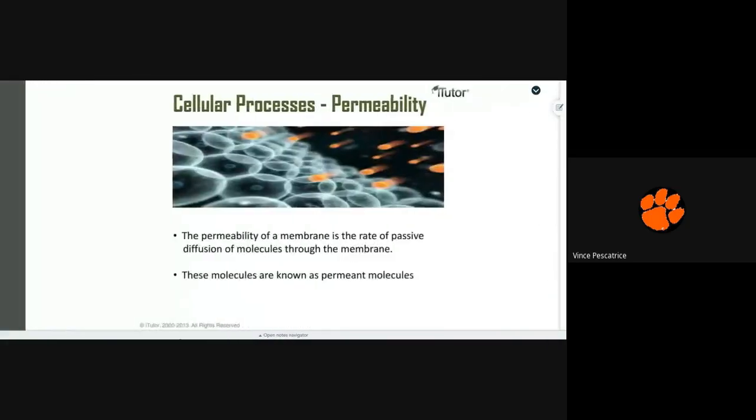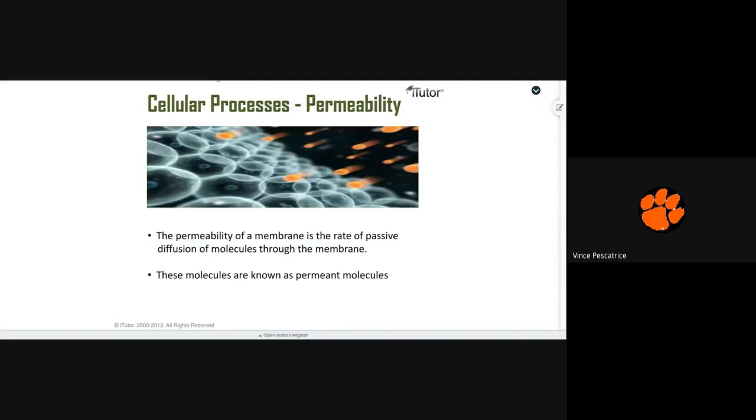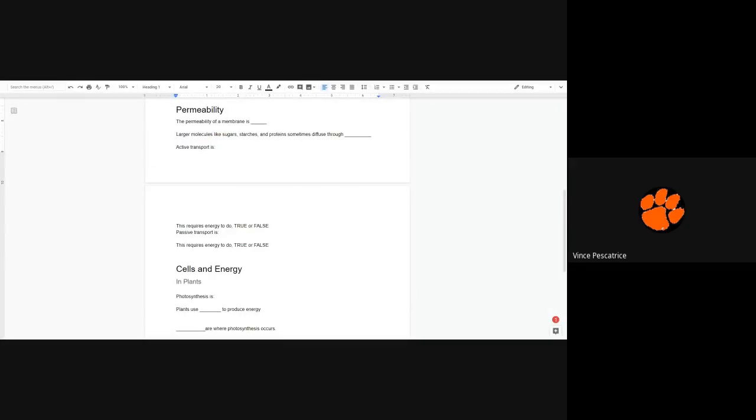All right, so cell permeability is where we're at. So you should be hearing your notes. The permeability of a membrane is the rate with which diffusion happens across a membrane.